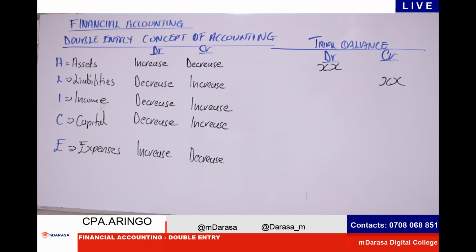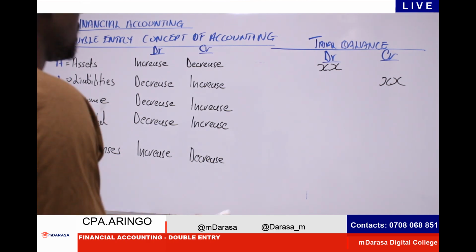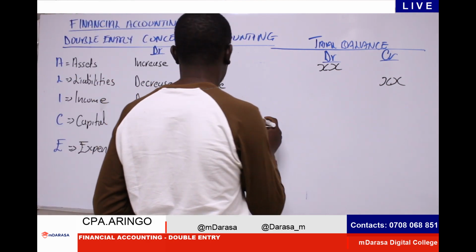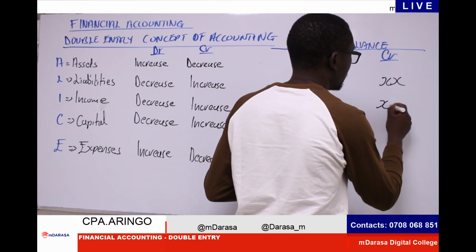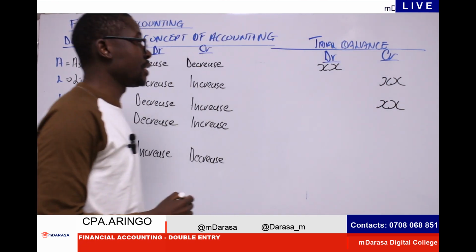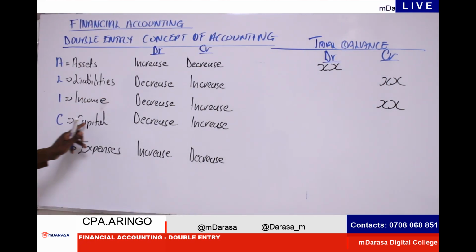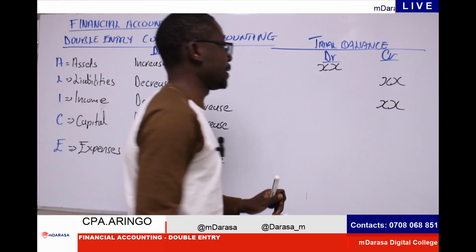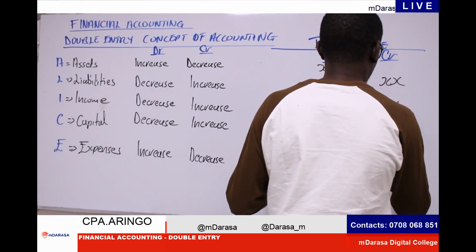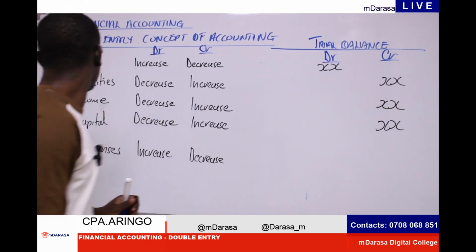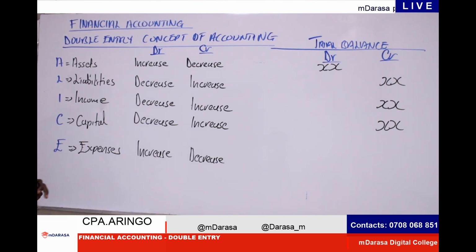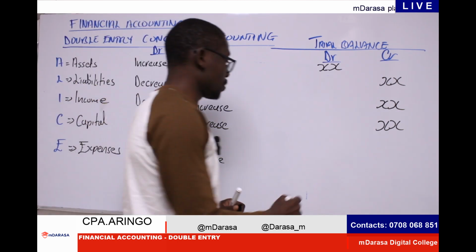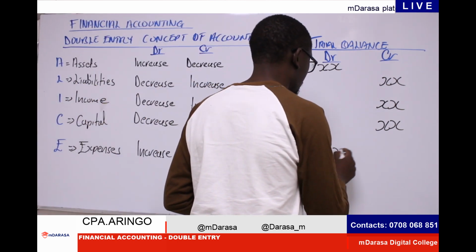Very important to note: we have our income. Income will always be recorded on the credit side. Whenever we have our capital, capital will also be recorded on the credit side. Expenses will always be recorded on the debit side.